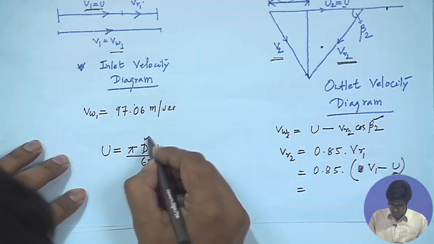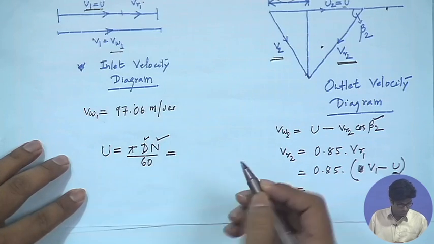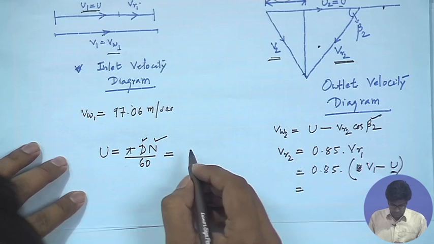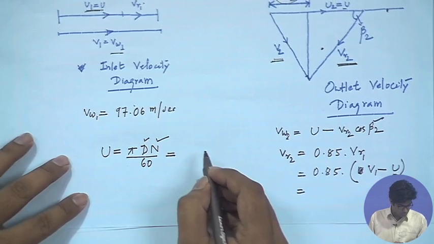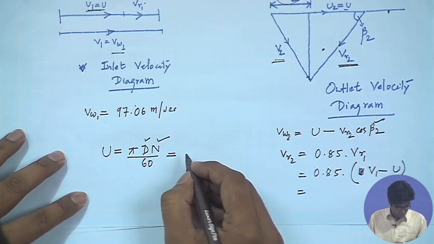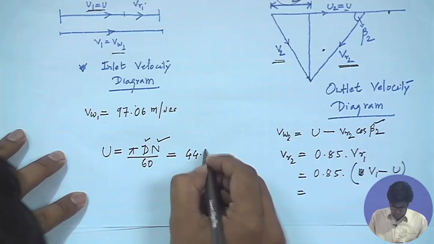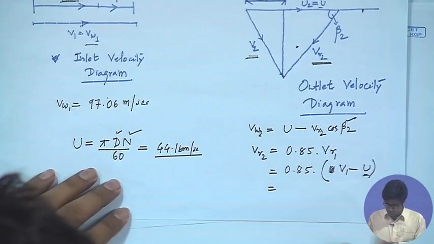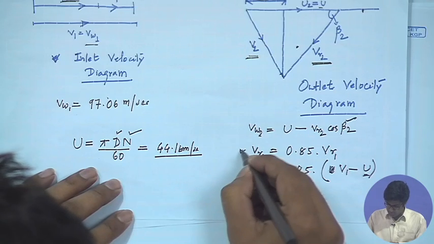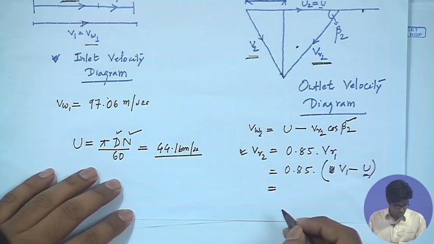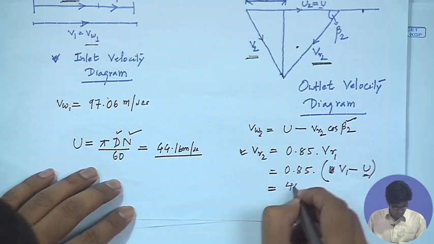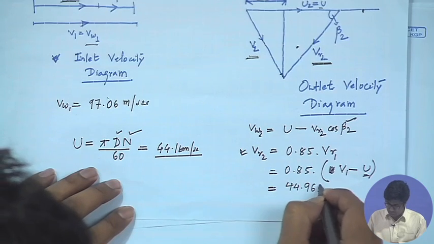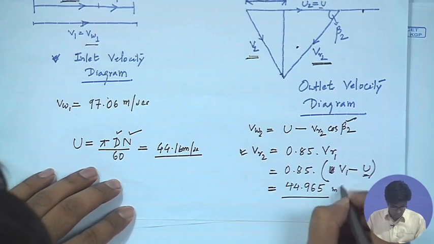We know the runner diameter and also the value of N, which is 375 rpm. So, substituting the values, we get the value of u as 44.16 meter per second. So, from this expression we get the value of Vr2, that is the relative velocity at the outlet, as 44.965 meter per second.